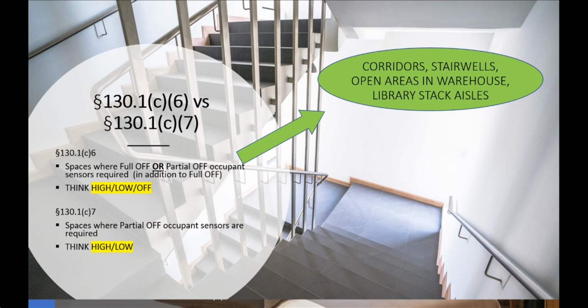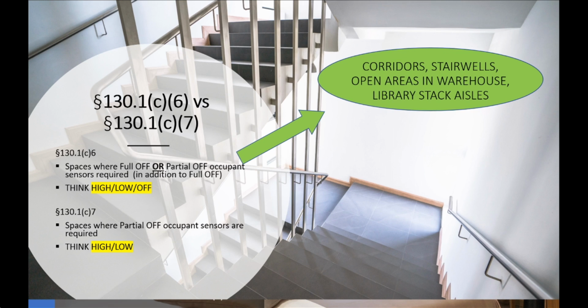So really it has 2 timeouts. After it goes to a low state, if it sees no additional motion for a period of time, then it'll just go to off. And remember, the occupant timeout, maximum timeout delay you're allowed is up to 20 minutes.